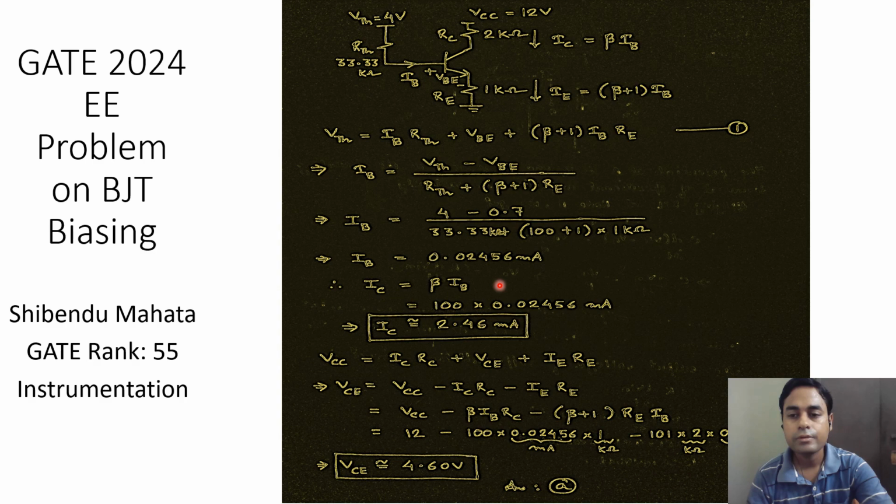So as for the problem given to us, option A is the correct answer. If I have to quickly sum up what we did with this sort of problem, we were given a voltage divider network.